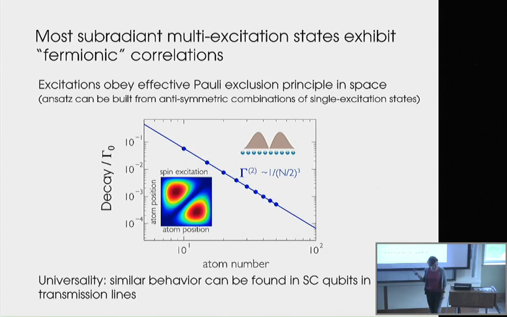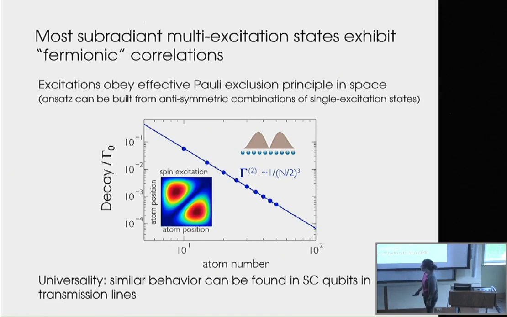Okay, and then maybe the last thing I want to talk about is that I think what I have presented is many-body physics. We need more than 1 atom, 2 atoms, maybe 3 atoms to realize all this. But maybe it's not quantum many-body physics, because I've been telling you about the single-excitation manifold. So a question is, what happens if you go beyond that?